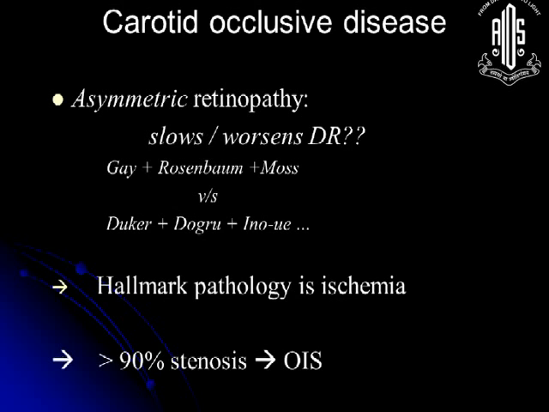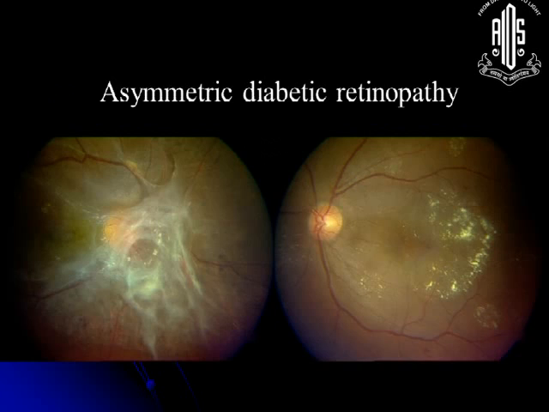The hallmark pathology is this ischemia, and when the carotid is occluded to the extent of 90% or beyond, it can even, as we all know, induce ocular ischemic syndrome. This is a classic example of an asymmetric diabetic retinopathy where you have a very vicious tractional detachment in the posterior pole and moderate changes in the left eye.